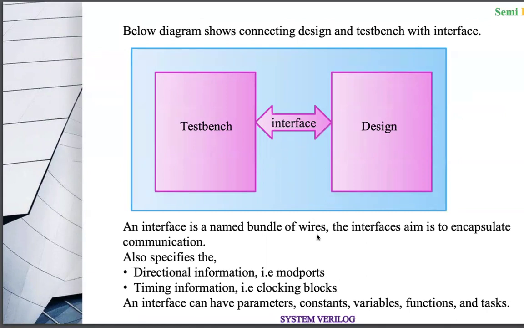Here interface is the name of a bundle of wires. The interface aims to encapsulate the communication. Mainly it has the directional information, in the sense whether those are inputs or outputs, and also it has the timing information with respect to the clocking blocks. Timing information in the sense.